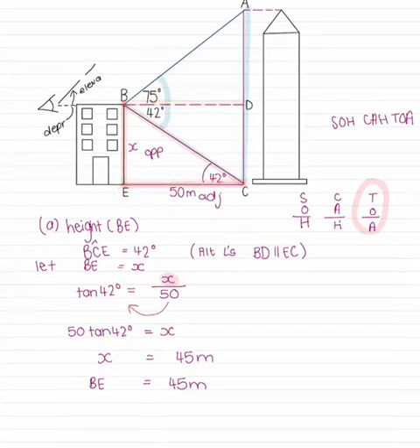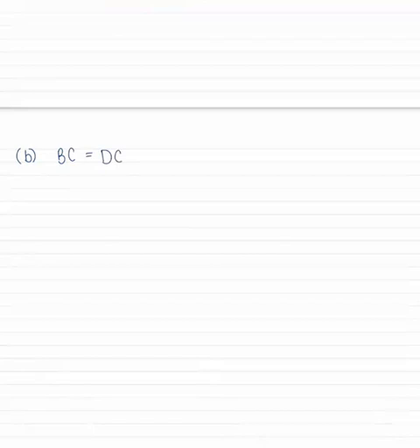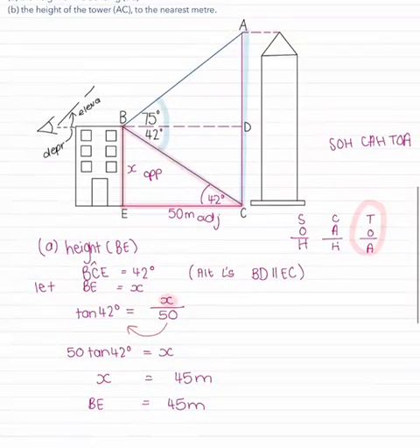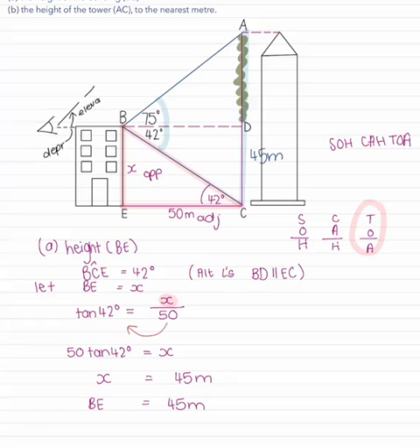So what we're going to tell them is that our BC is equal to our DC, which is equal to the length we just figured out, 45 meters. So we're okay with that. So we have this 45. So I'm halfway to the length of the building. Now I say to myself, but something here is not right because I still need to find this length. Okay. But we need to already fill in all the information that we have.